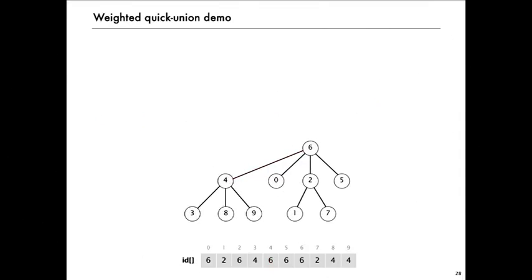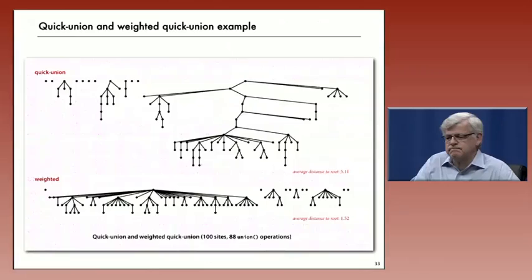And again, we wind up with a single tree representing all the objects, but this time we have some guarantee that no item is too far from the root, and we'll talk about that explicitly in a second. So here's an example that shows the effect of doing the weighted quick union, where we always put the smaller tree down below for the same set of union commands.